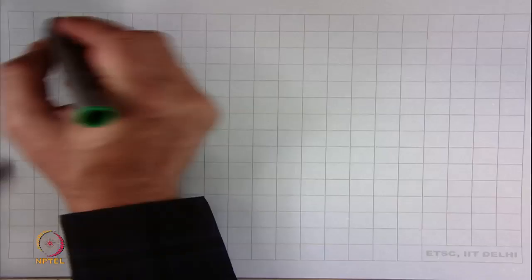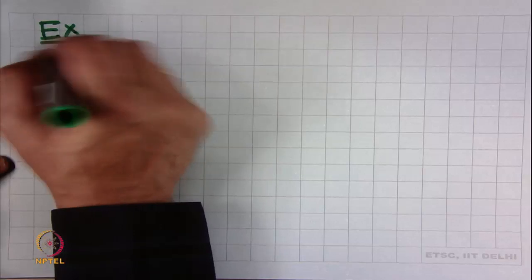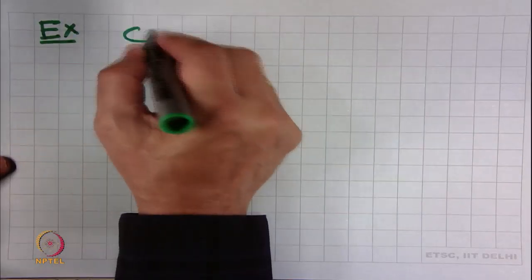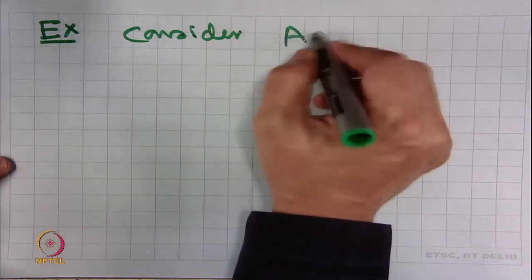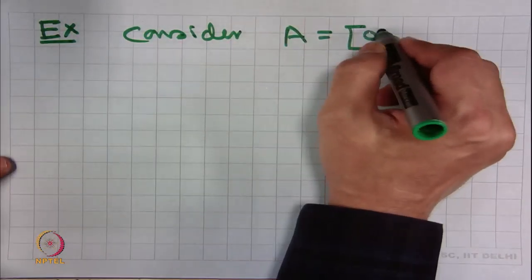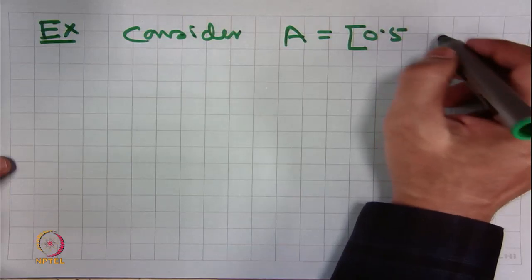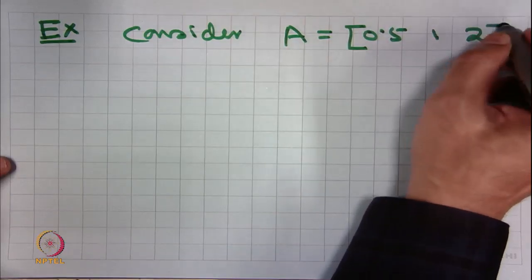So, let me give you an example. Consider A is equal to 0.5, 1 and 2.